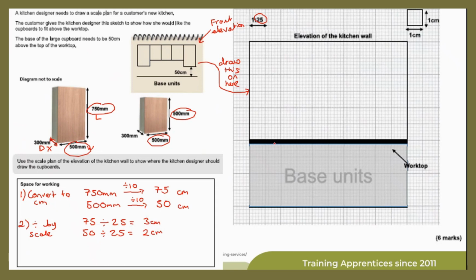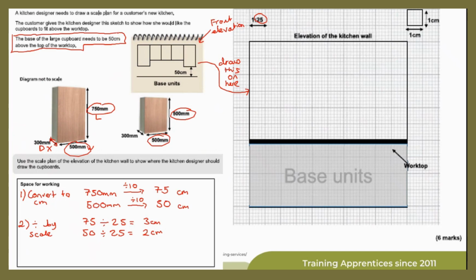Now we can draw, but we don't actually know yet where we are starting our drawing from, but there is a clue in the question. And it says here the base of the large cupboard needs to be 50 centimetres above the worktop. Now, if you were drawing this with a ruler, you would go over this drawing if you were counting real life as 50 centimetres.